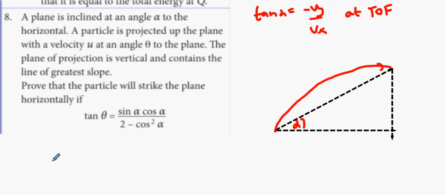Now we're going to go after u. So theta. So we got u cos theta and u sine theta. That's great. No bother. And then we gotta make our equations.